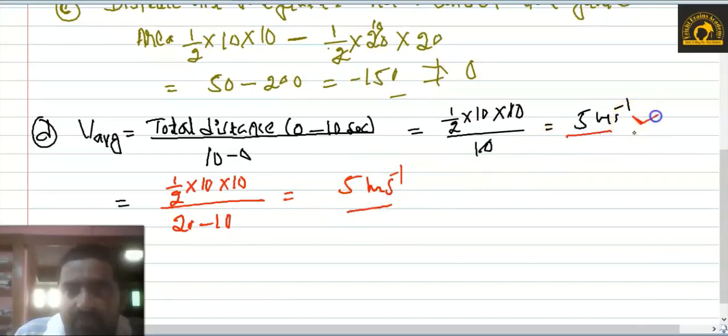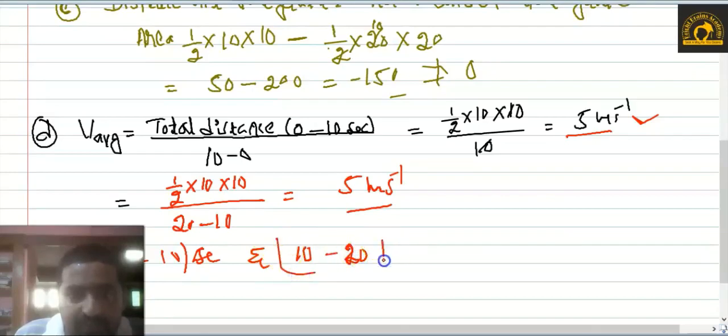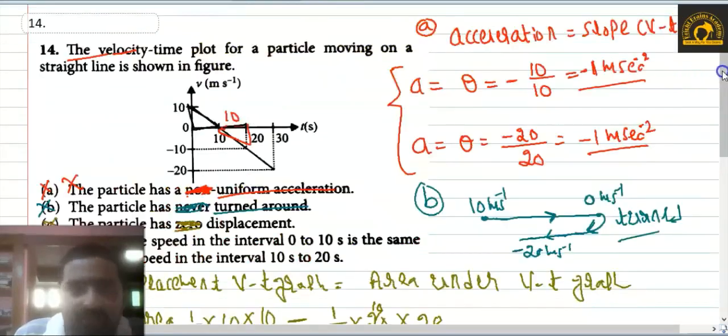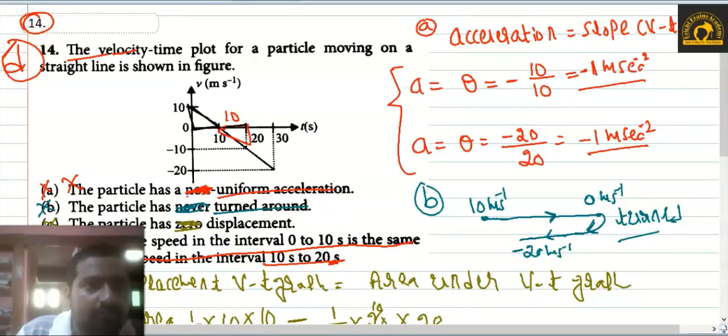Both are the same average speed, from 0 to 10 second and 10 to 20 second. So option D is the correct answer for the 14th question.